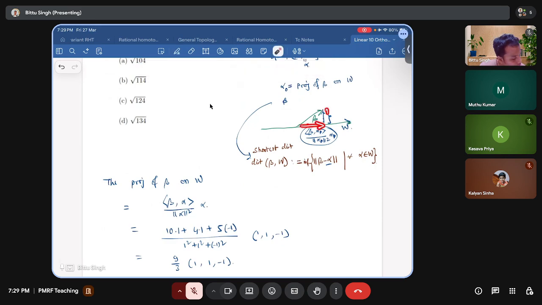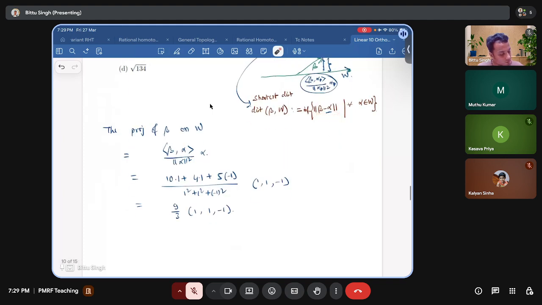This is the projection, but I am trying to find the distance, beta minus alpha. I know that the infimum will be attained for this particular alpha 0, the projection, but I need to find explicitly the norm of beta minus alpha. Let me denote the projection along W by E_W alpha.